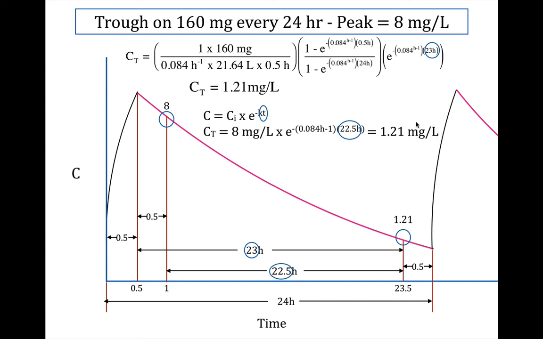So either approach can be used, you just have to be careful about the times used. With the full equation, the time after the end of the infusion that the trough is drawn is 23 hours, but when we use the smaller equation, it's the time when the peak was drawn, which is at 1 hour, to when the trough is drawn at 23.5 hours.